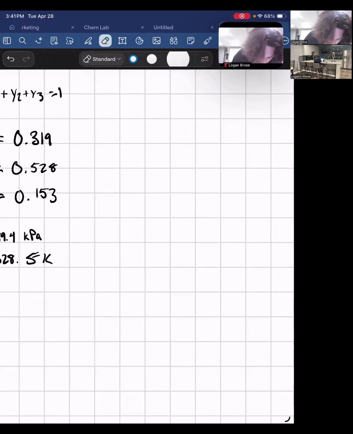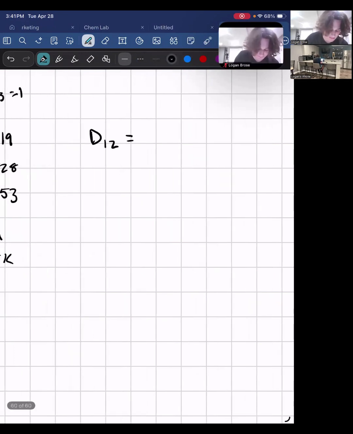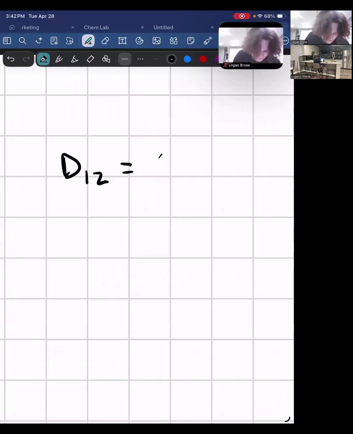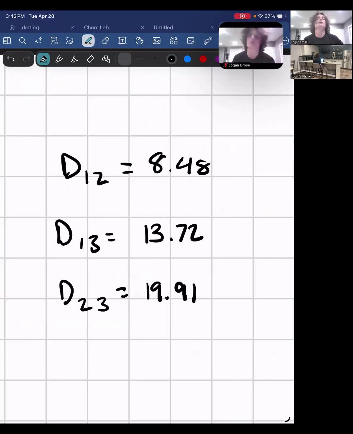So we have our diffusion coefficient from acetone to methanol, that is going to equal 8.48, right? Our D1 to 3 is going to be 13.72. And then our diffusion coefficient from 2 to 3, methanol to air, that's going to be 19.91.